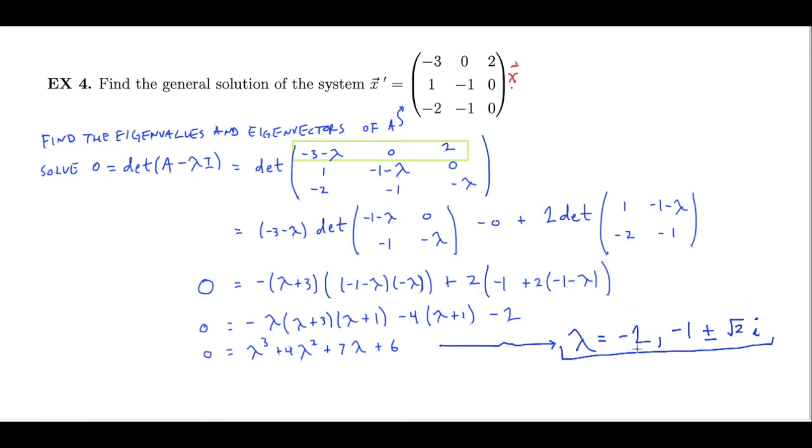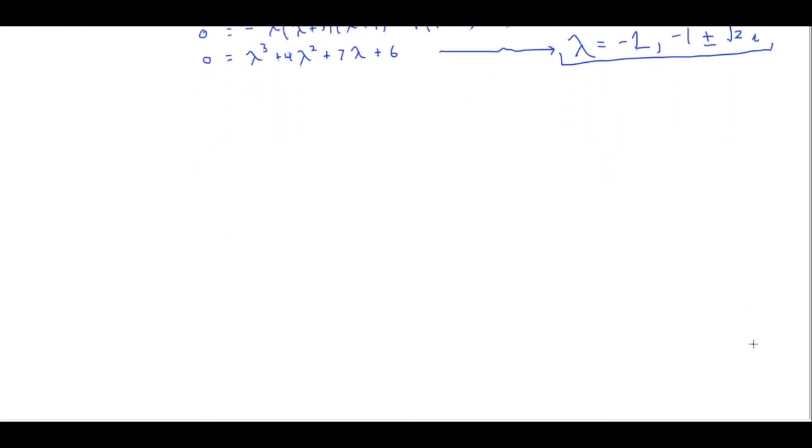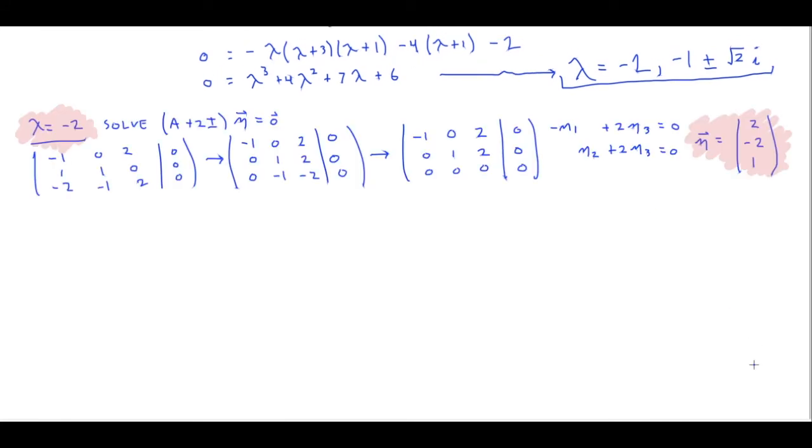Let's start with lambda equals negative 2, find that eigenvector, and then select one of these complex eigenvalues and find its corresponding eigenvector. Here's the eigenvector associated with lambda equal to negative 2. Let's go ahead and work through the steps to find an eigenvector for one of these complex eigenvalues.